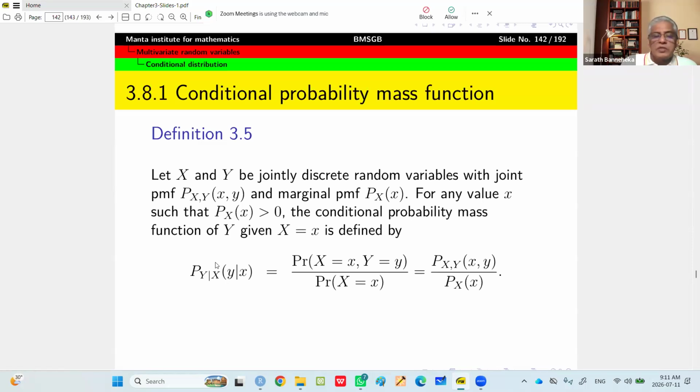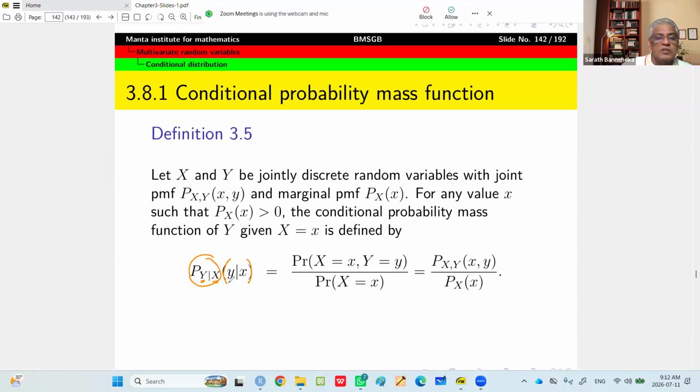So this is this quantity here. Let me use my pen to explain this. This notation here is the label for the conditional probability mass function of Y given X, right? And then within brackets, we have two numbers here, small y and small x.